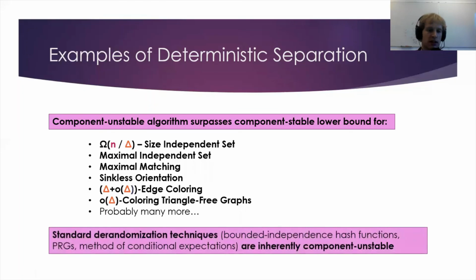And these are just using standard de-randomization techniques that have been used to good effect recently, such as limited independence hash functions or pseudorandom generators under the method of conditional expectations. And in fact, even very simple algorithms can break these component stable lower bounds. So the moral here is that component stability significantly helps, usually helps, in fact, in deterministic algorithms for low space MPC.